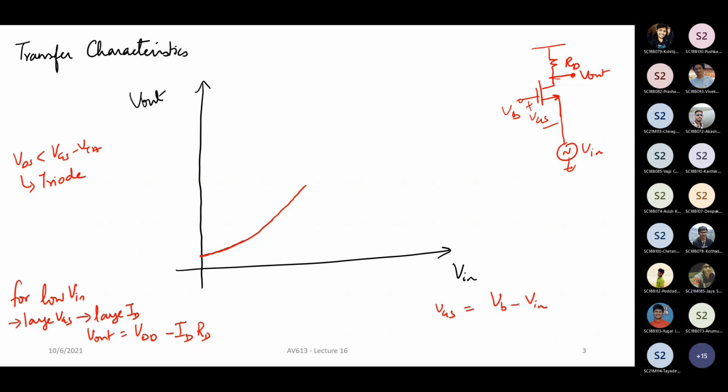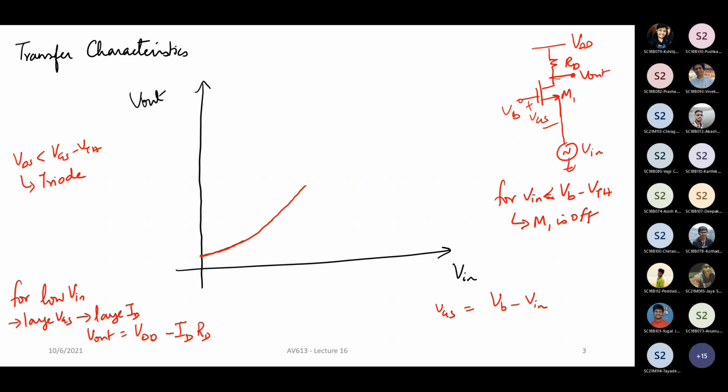Vin equals VB. Will it go all the way till VB, or VB minus VTH? Correct, right? So for Vin equal to VB minus VTH, beyond that point, the transistor is off. Let's say this is M1. The transistor becomes off, and when your transistor becomes off, your output becomes equal to VDD.